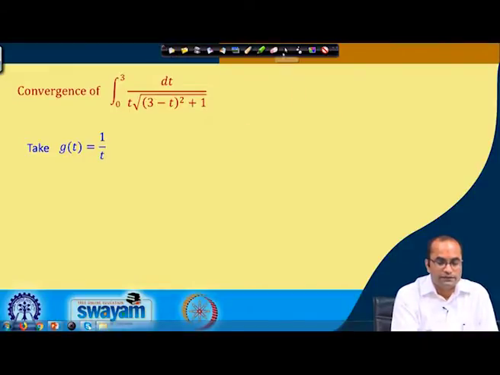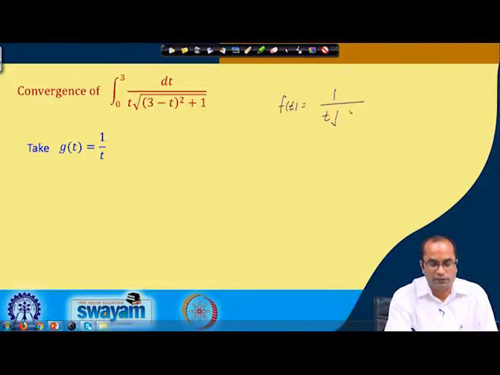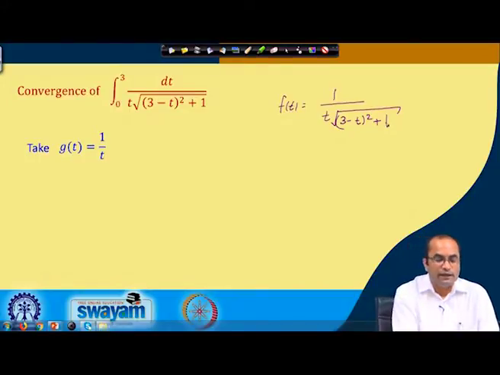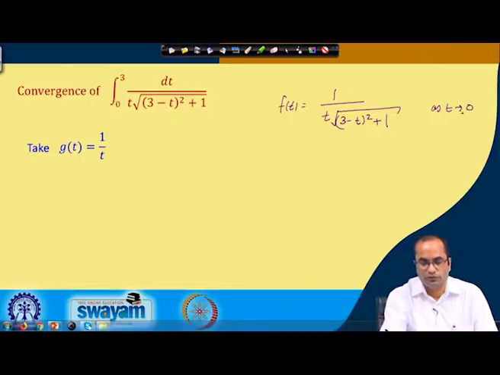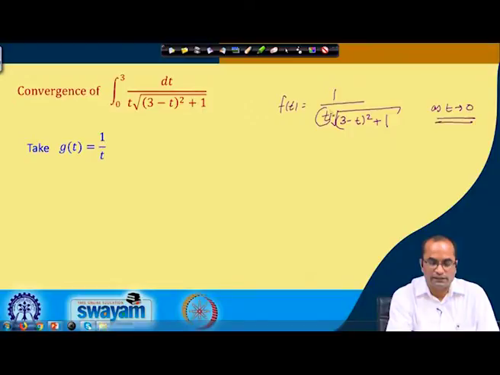The reason why we are taking 1 over t is clear. Our integrand f(t) was 1 over t times the square root of (3 minus t) whole squared plus 1. As t approaches 0, where is the problem? This 1 over t is creating the problem.